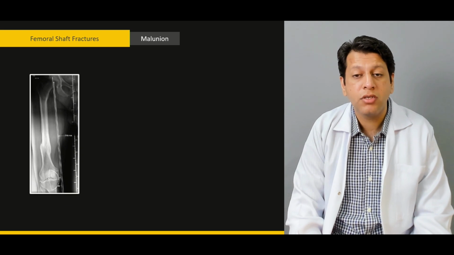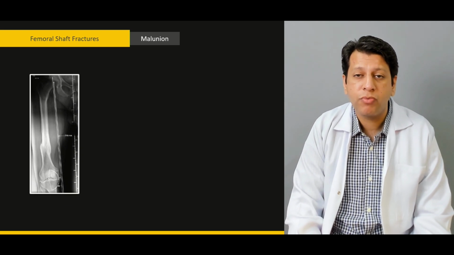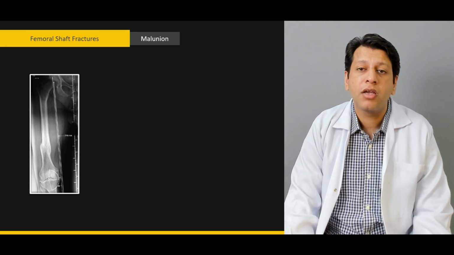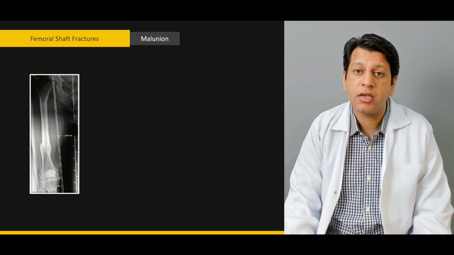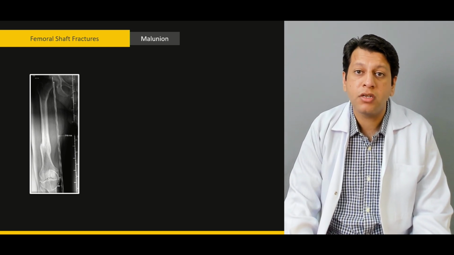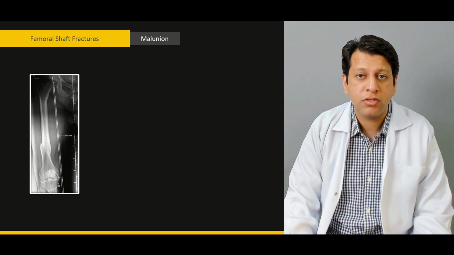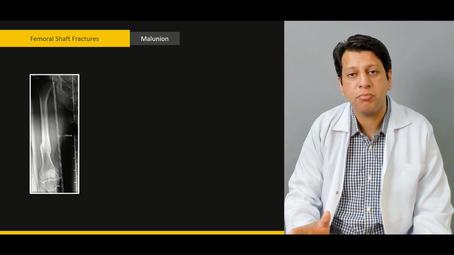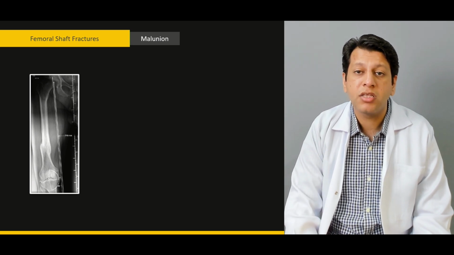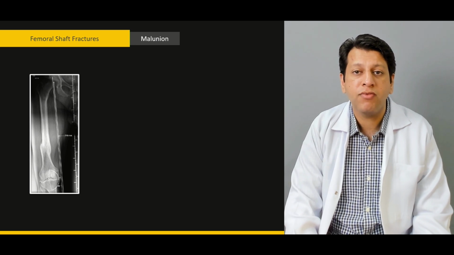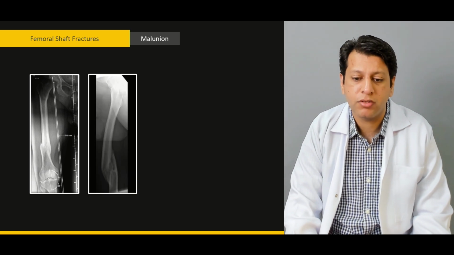Then there is malunion. Malunion is when the rotational profile is abnormal despite adequate treatment, especially if conservative treatment in the form of a spica cast was done for children. Although children have a very high propensity to remodel and elongate and a high degree of tolerance as compared to rotational problems, this may still result in some form of rotational abnormality which may lead to an in-toeing or out-toeing gait and may be problematic for the patient.